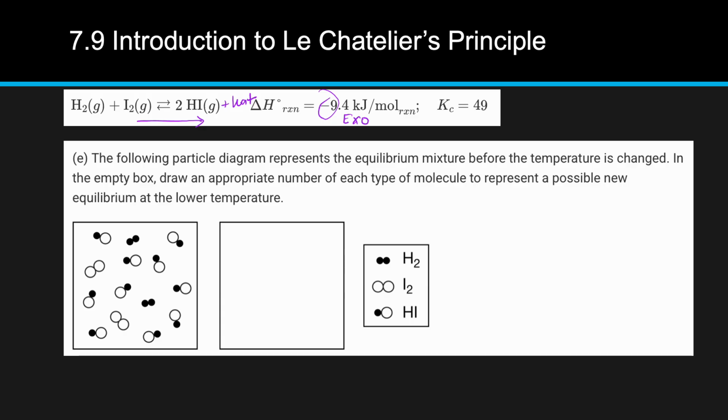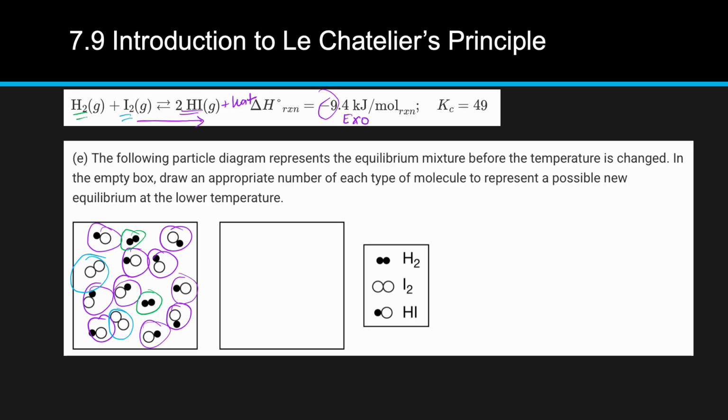Now currently in my filled box, I have 1, 2, 3, 4, 5, 6, 7, 8, 9, 10 of my product, and I have 2 of each of my reactants. So since I'm moving in the forward direction towards the heat, which is towards the products, I am going to be making more HI.